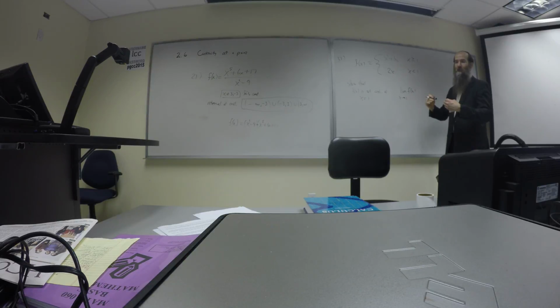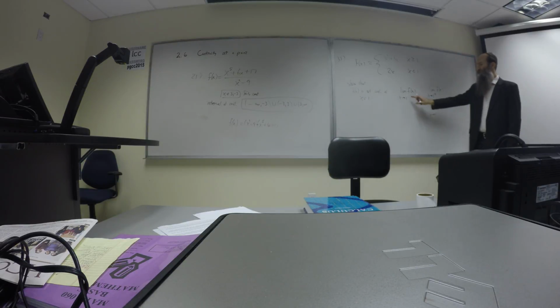And the pieces connect, in a sense, whether they actually connect directly or not is what we're trying to find out, at 1. So we need to find the limit as x approaches 1 from the right, and the limit as x approaches 1 from the left. If these two things are the same, then this exists, and we can proceed further with the definition of continuity. Make any sense or not?